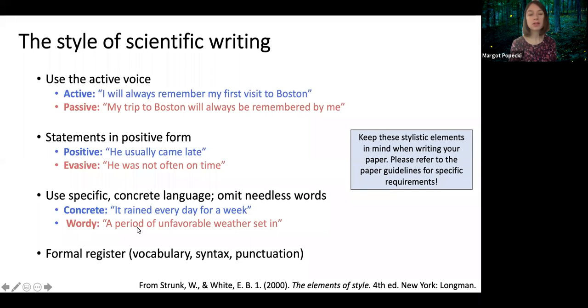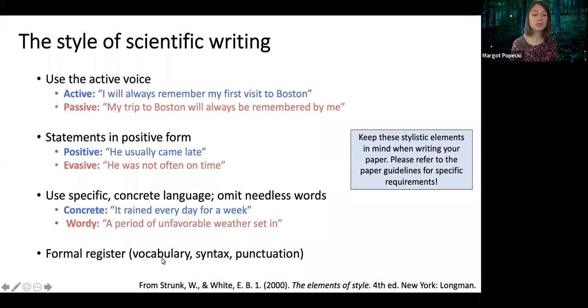Well, there's a lot of uncertainty here. What does a period mean? Could that be a week, a month, a year? What does unfavorable mean? Could it be rain, sleet, snow? Like, what does this mean? So don't let your readers guess. Make it very clear for them. Make it obvious. Say what you mean.